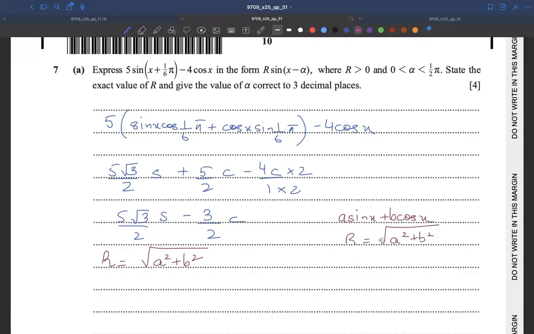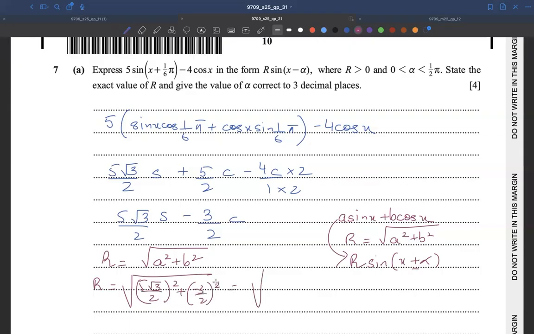For revision, you can check the lessons on each of these topics, and you will get to know the basics behind how to expand the expression, or to write a sin x plus b cos x in the form r sine of x plus or minus alpha, and similarly r of cos x plus or minus alpha. So r would be equal to the square root of (5 root 3 upon 2) whole squared, plus b is minus 3 by 2, but as it's a whole square, the sign will cancel out.